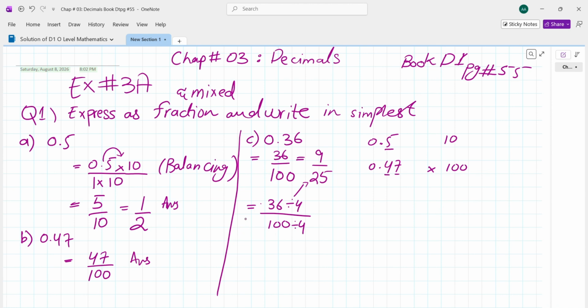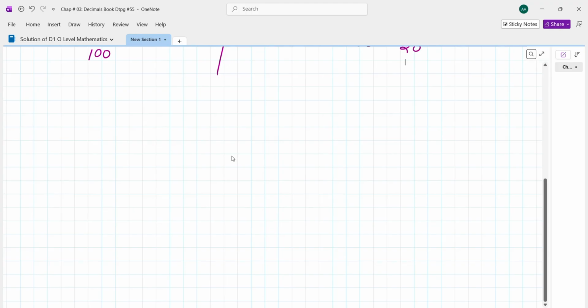After that we have part D, 0.05. We can see there are two values after the decimal, so the value will become 5 upon 100, and after that it will be 1 upon 20.